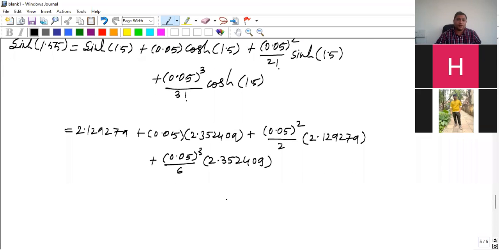I want you to calculate this value. So what we get, sinh(1.55) is equal to approximately 2 point something.